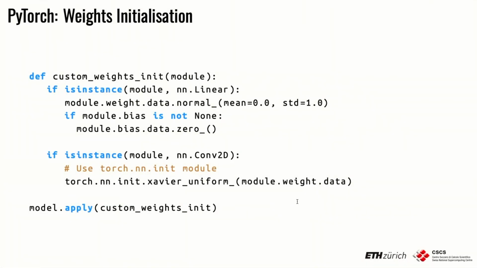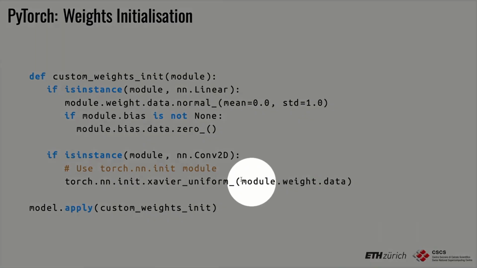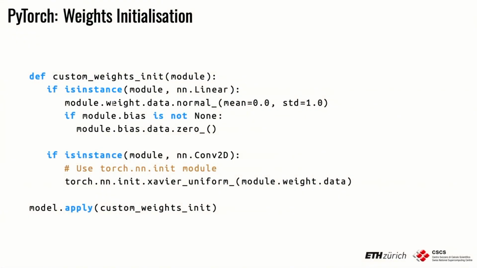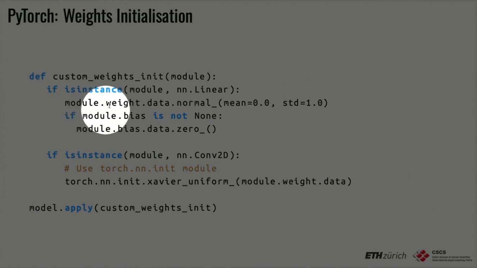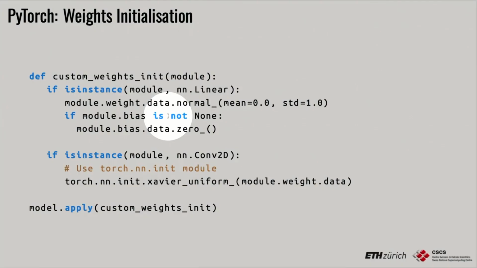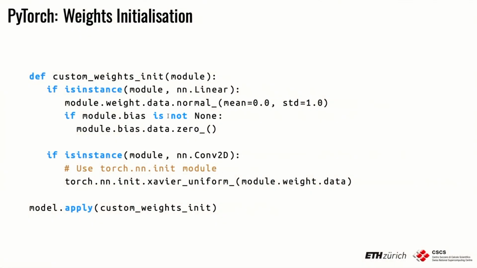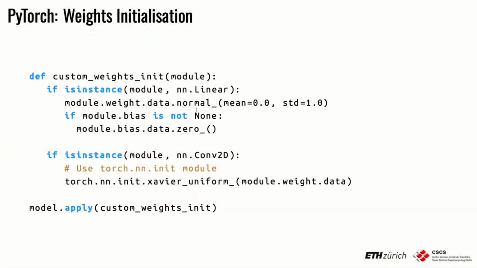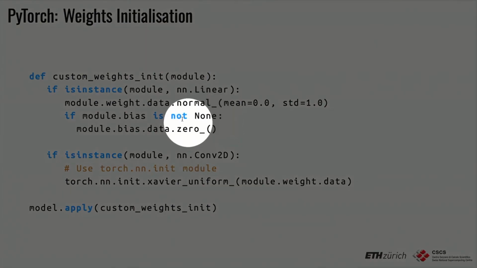What is probably interesting is that you can access the weight parameter of your module doing module.weight.data. So this gives you the tensor that represents your weight parameter. And then there are some functions like normal_, a function that modifies the tensor in place, so you can actually use it.